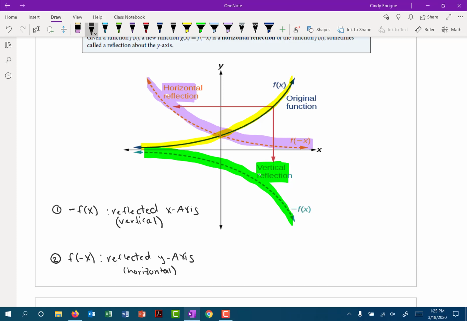So you can see the vertical reflection is along the x over here, okay? Versus my horizontal reflection, that gets kind of switched over along the y. So let's see how that's going to look.